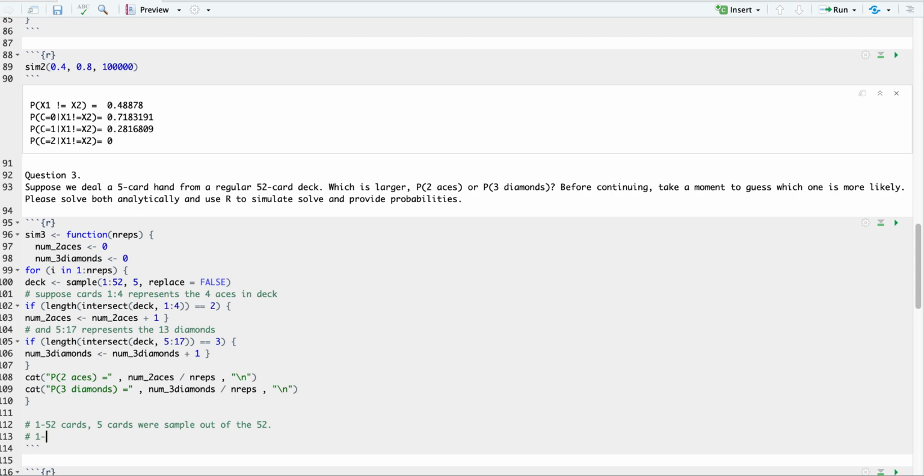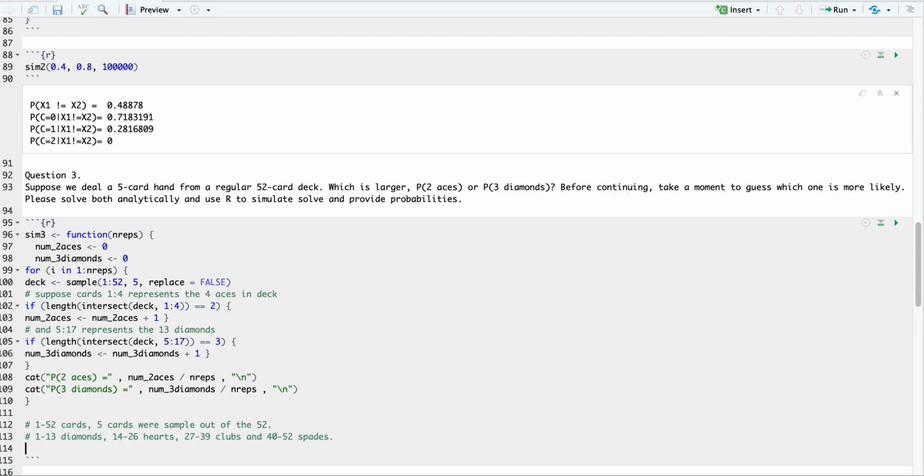So if I say that 1 to 13 are diamonds, 14 to 26 are hearts, 27 to 39 were clubs, and 40 to 52 were spades. Okay, so sorry, this would be 39. I'm sorry.